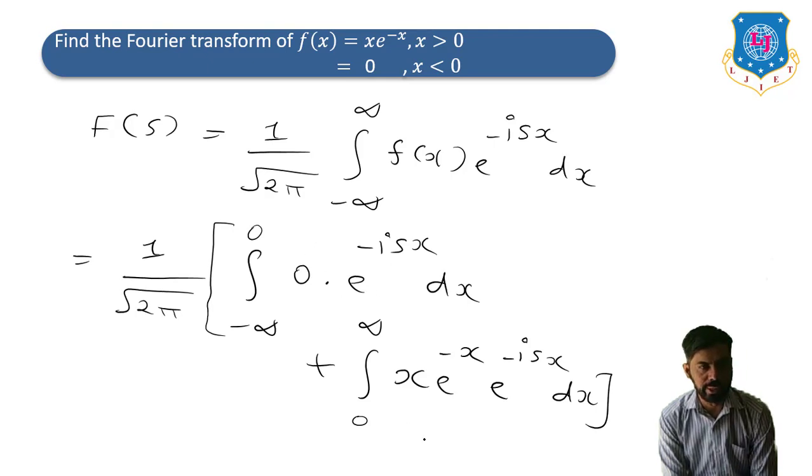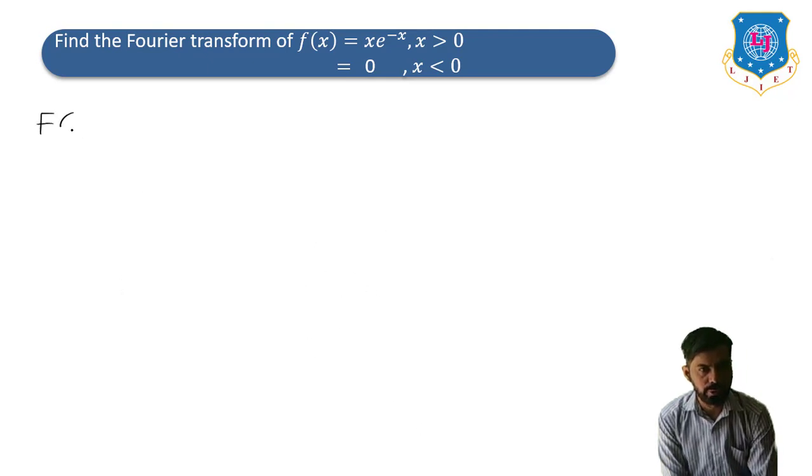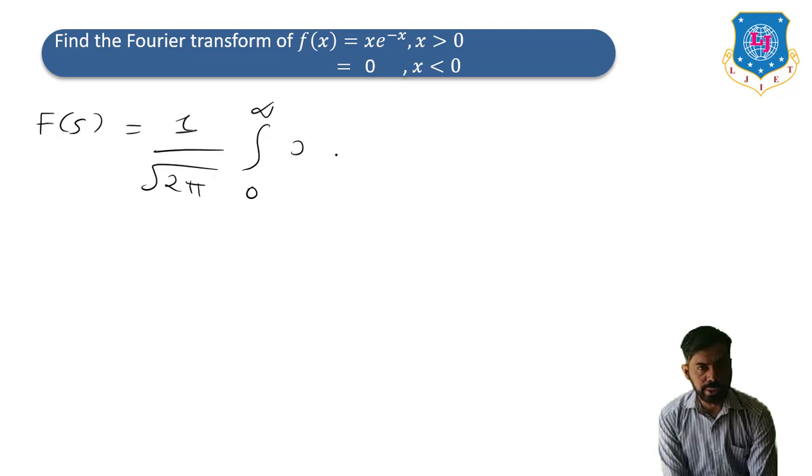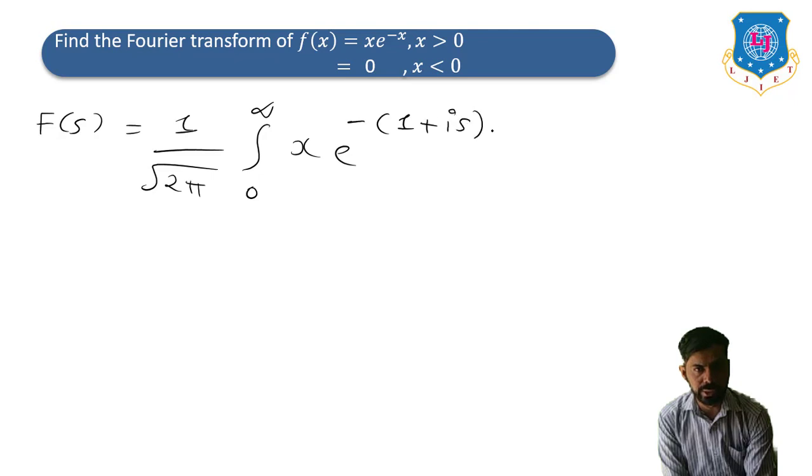So this can be written as F of s is equal to 1 over square root 2 pi integration 0 to infinite x into e raised to minus x common in bracket 1 plus i into s into x dx.